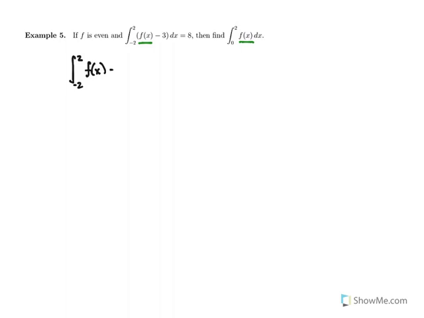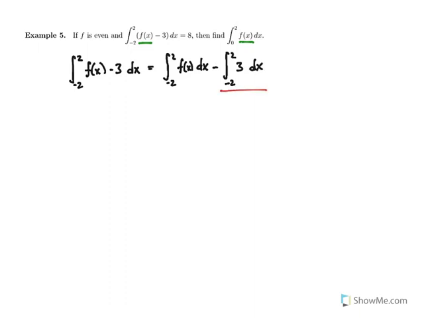by breaking this up into two different integrals. The integral from -2 to 2 of f of x dx minus the integral from -2 to 2 of 3 dx.